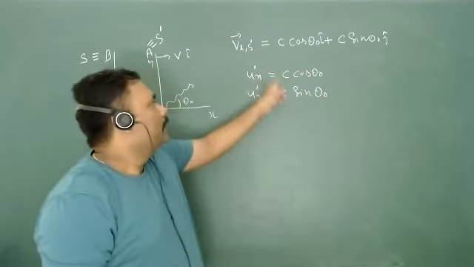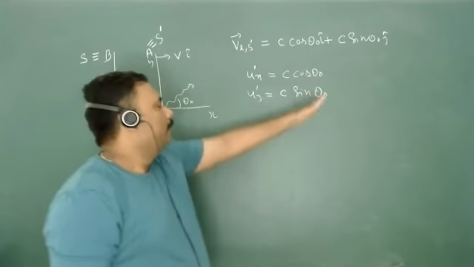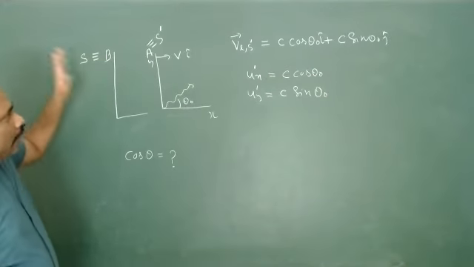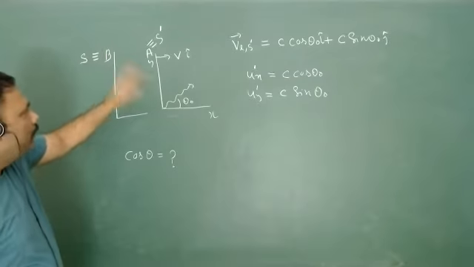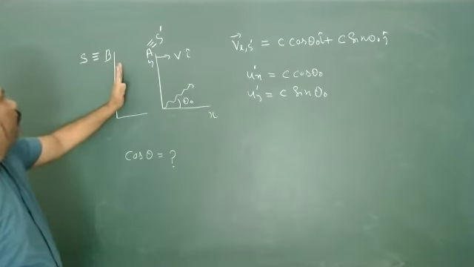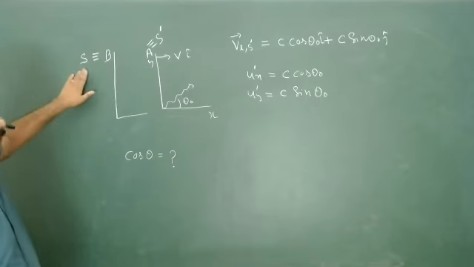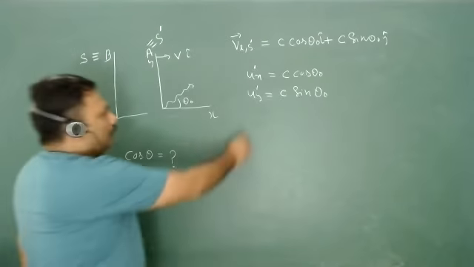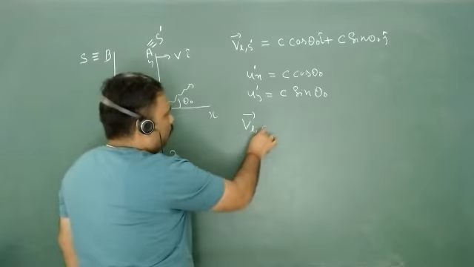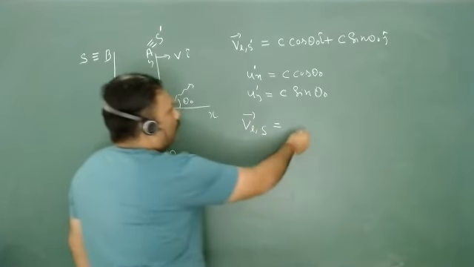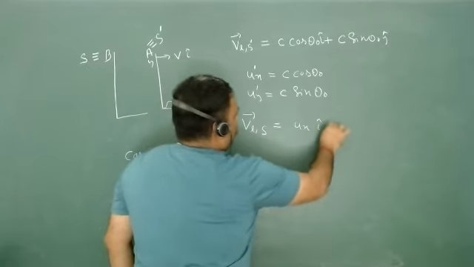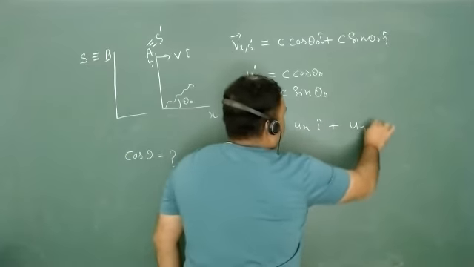So I can write Ux dash is C cos theta naught, Uy dash is C sin theta naught. And now, if I want to write the speed or velocity of this light pulse with respect to B, which is actually the S frame from my point of view, then I can write the velocity of light with respect to S as Ux i plus Uy j.